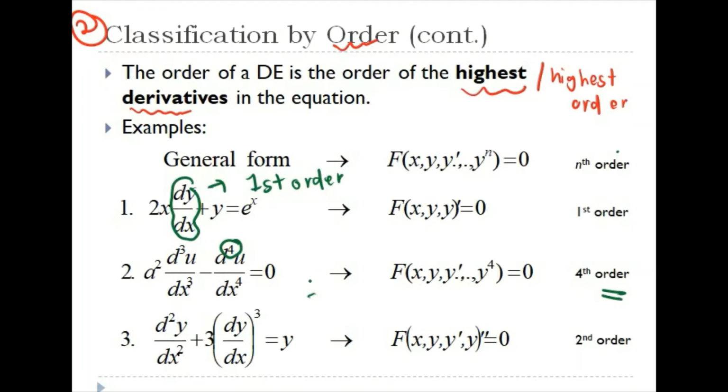For the third example, the highest order is 2. Why not 3? Because 3 here represents the power, as I mentioned before. If 3 is in brackets, it means the order. So for dy over dx cubed here, the order is 1 and the power is 3.